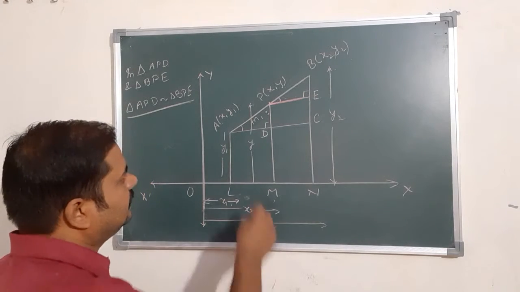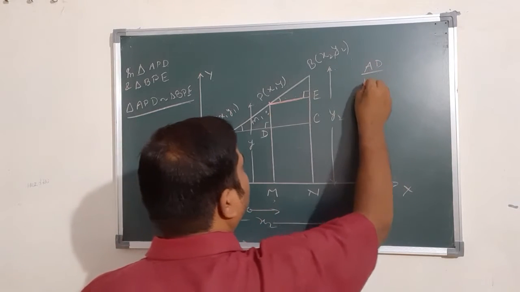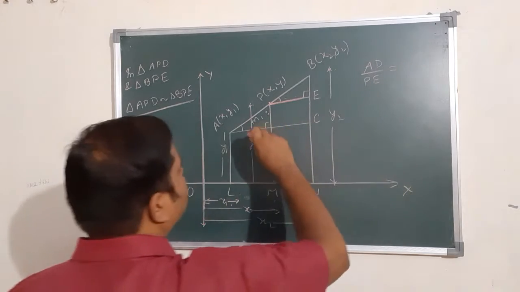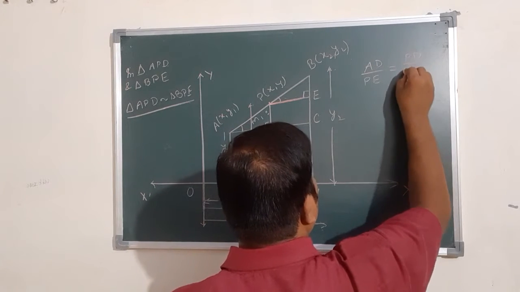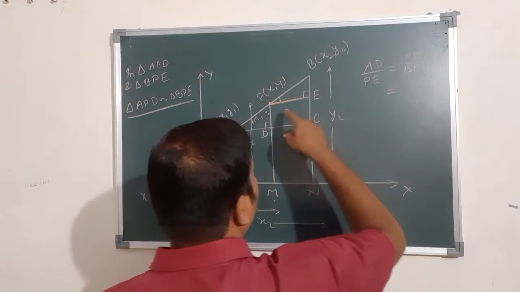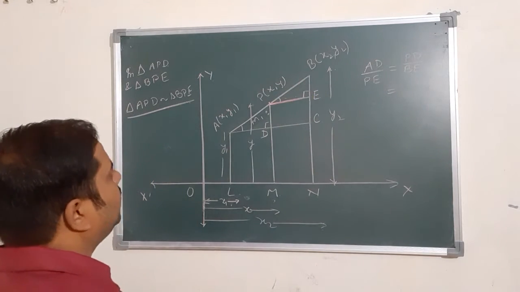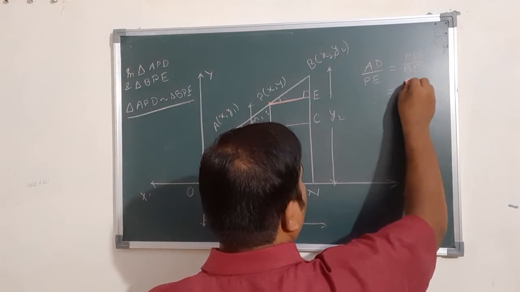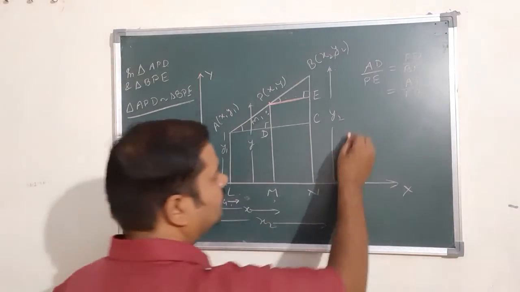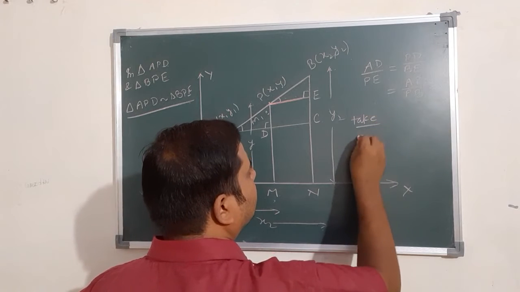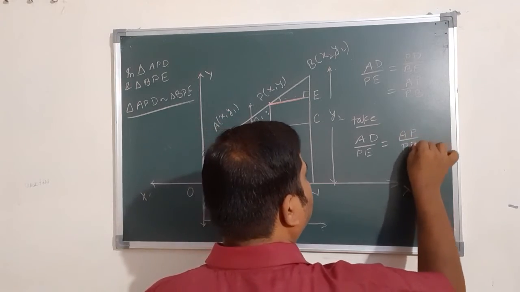So AD upon PE is equal to PD upon BE, and this is equal to AP upon PB.